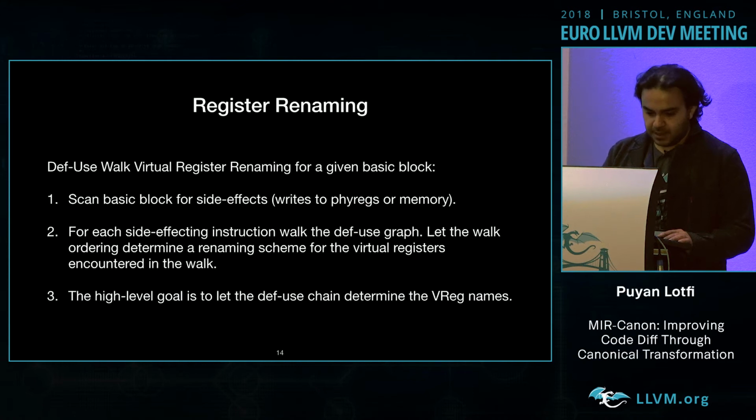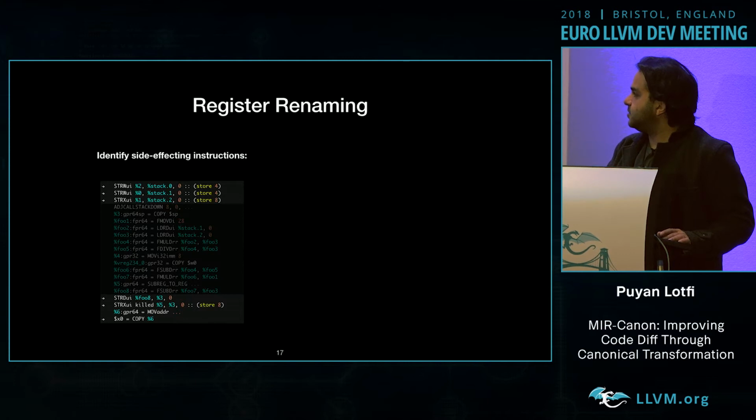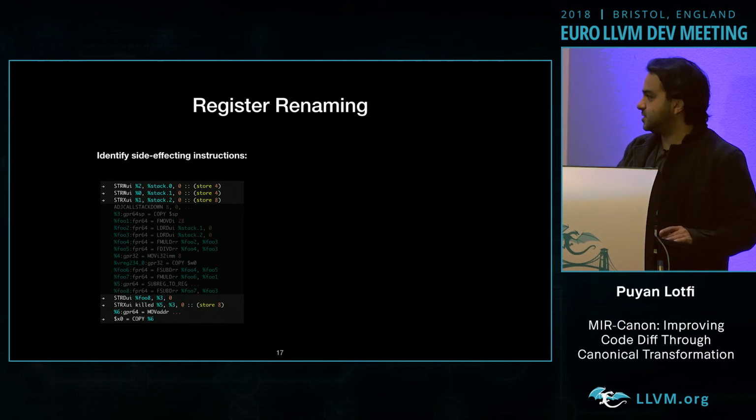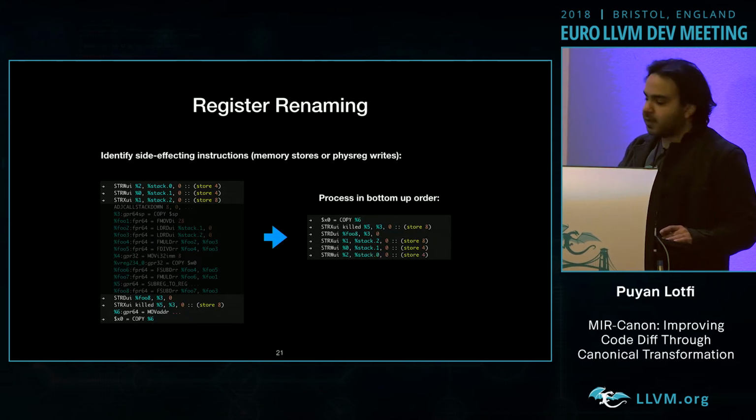So for this stream of instructions that we see here on the left, we identify the side-affecting instructions, and those are these 5 stores, and then at the bottom we've got a copy to physical register X0. Once we identify them, we collect them, and we process them in a bottom-up order.